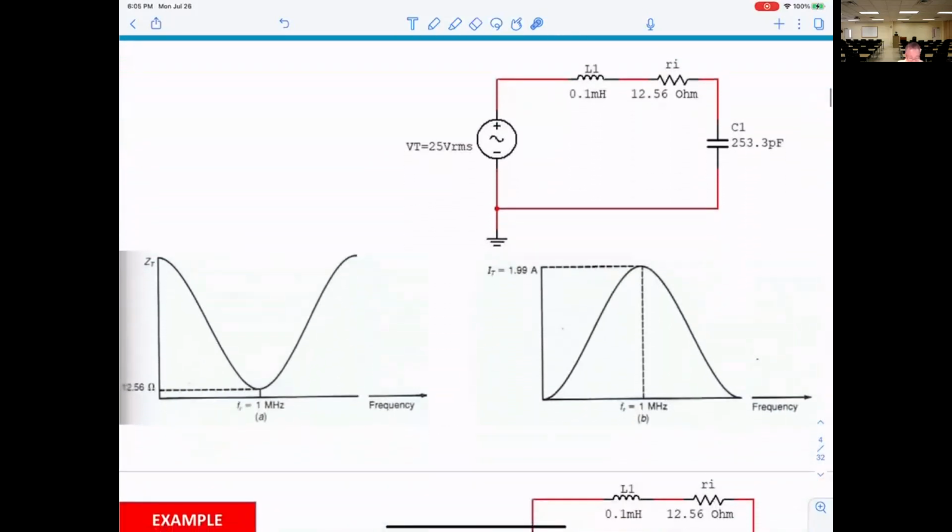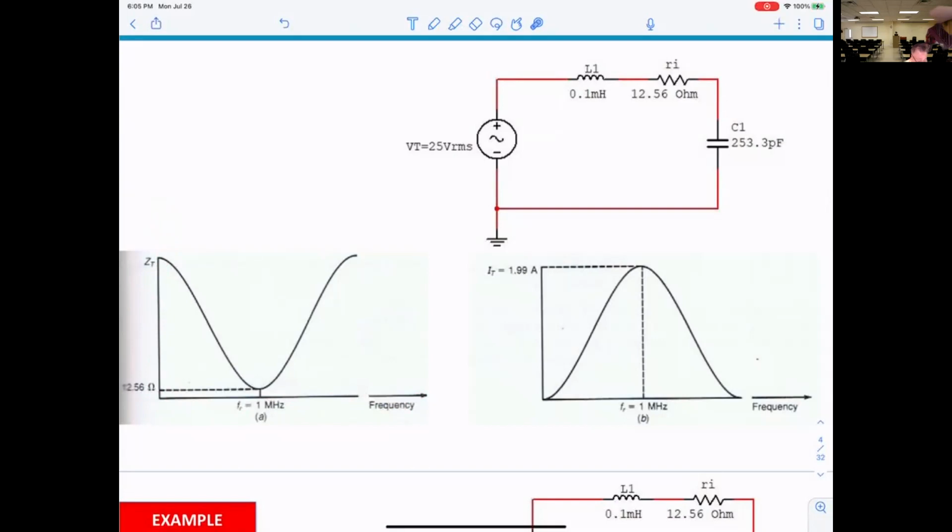Now, try to understand this thing here. For the circuitry, you can see this stands for total impedance, and this will be the frequency domain.